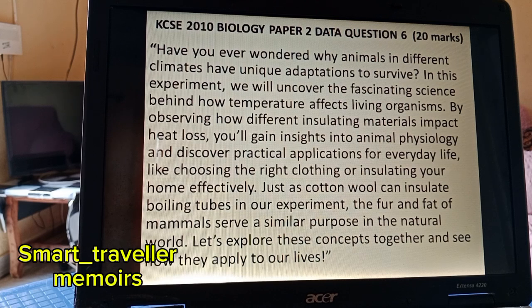Very important. Just as cotton wool can insulate boiling tubes in our experiment, the fur and fat of mammals serve a similar purpose in the natural world. Let's explore these concepts together and see how they apply to our life.